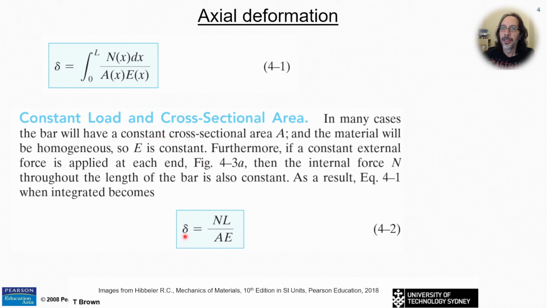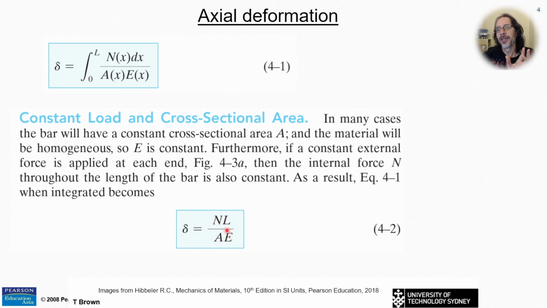And then that leads to what might be a familiar equation for some of you. The change in length of an axially loaded rod is NL over AE, or force times length over Young's modulus times area. Some of you may know this formula as FL over EA.